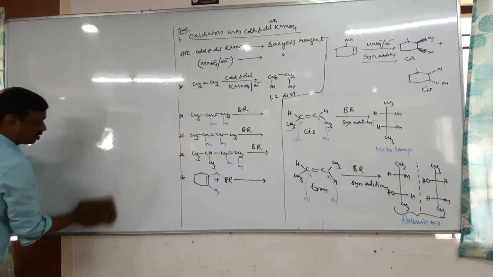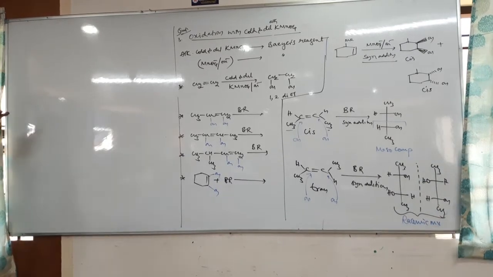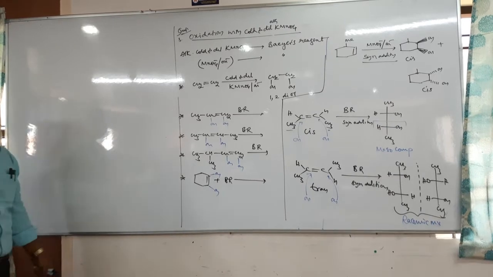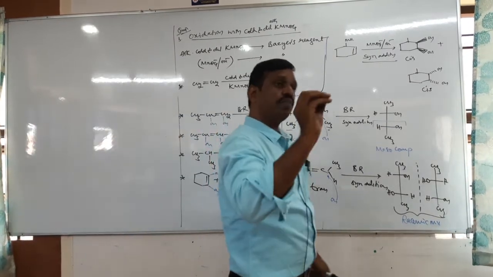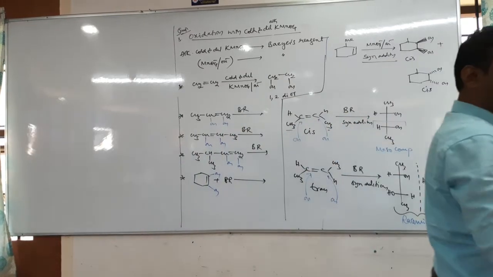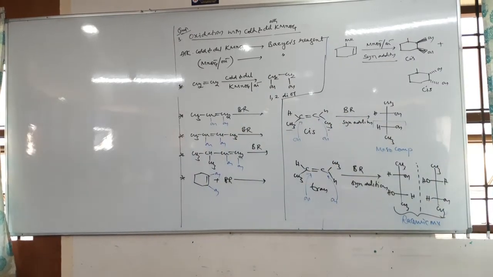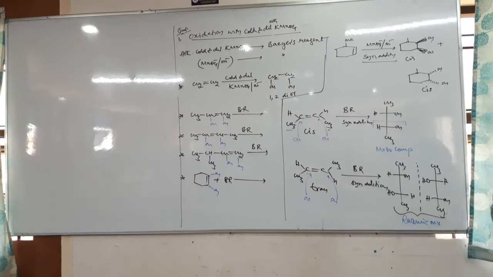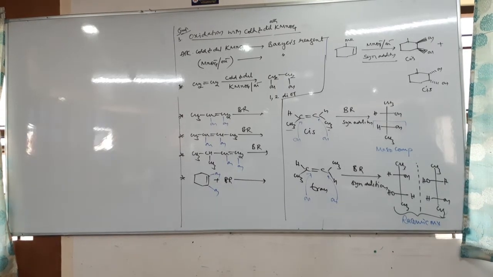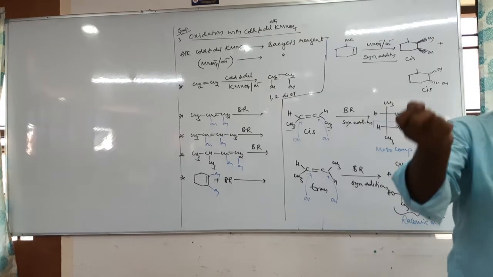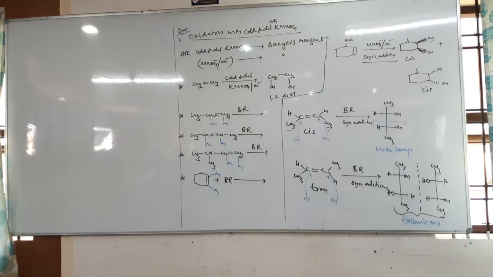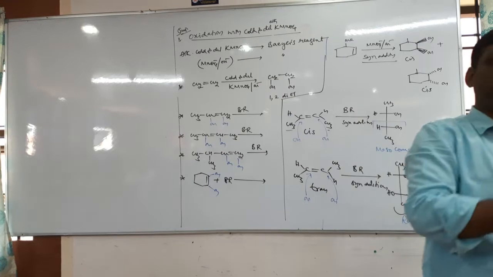Next, similar to bromine, Bayer's reagent also has one importance. See, what is the importance of bromine? We have studied bromine is used to identify the unsaturation. Very good. How do you identify unsaturation? Take alkene and alkyne and add bromine water or carbon tetrachloride bromine, bromine liquid.